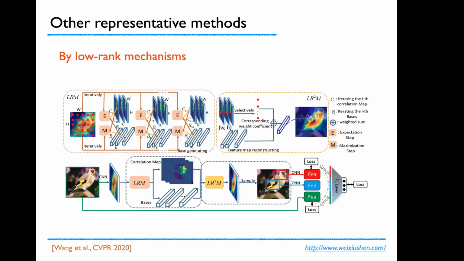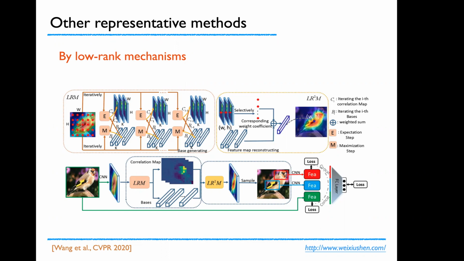And inspired by the low rank mechanism in the machine learning field, Wang et al. proposed the DF-GMM framework to alleviate the region diffusion problem in high-level feature maps for fine-grained part localization.